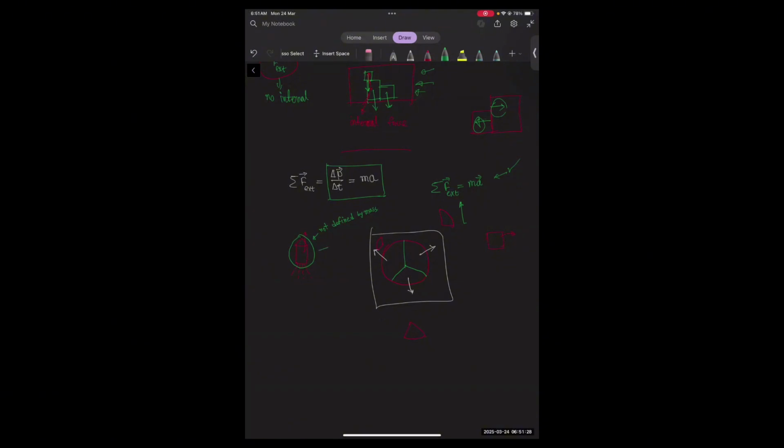Because when you take this as your system, the exhaust is now outside your system. So the exhaust, when leaving, pushes the rocket forward. So you can still pick some systems where you can make F equals ma valid.